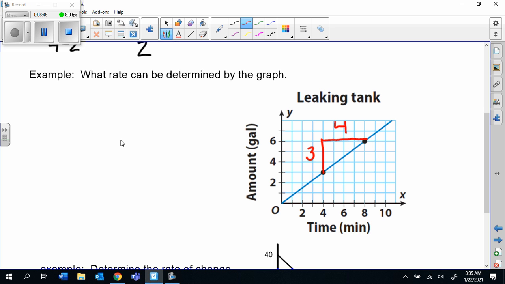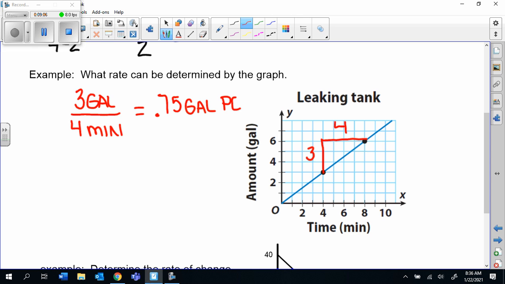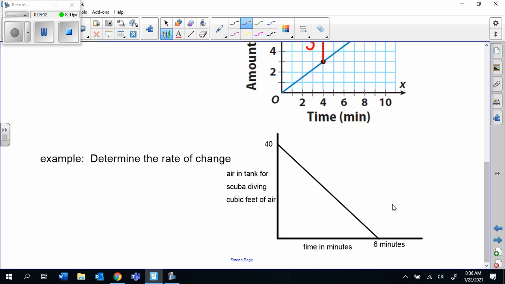That is a problem. So we're losing 3 gallons every 4 minutes, or we are losing 0.75, dividing 3 by 4, gallons per minute. Feel free to try this one if you'd like.